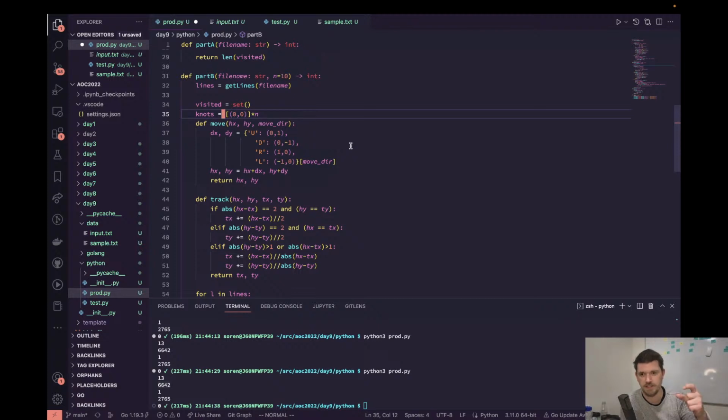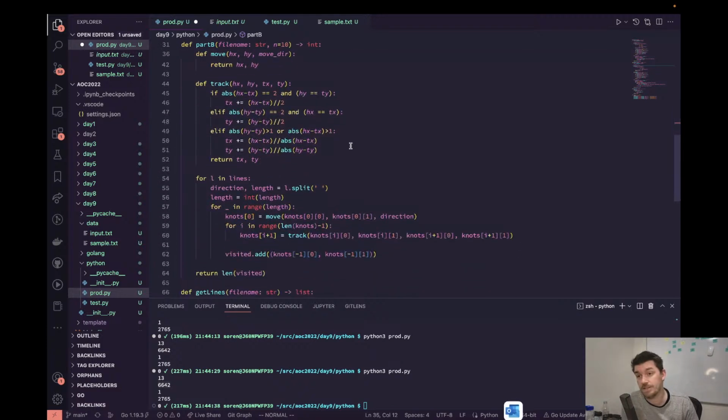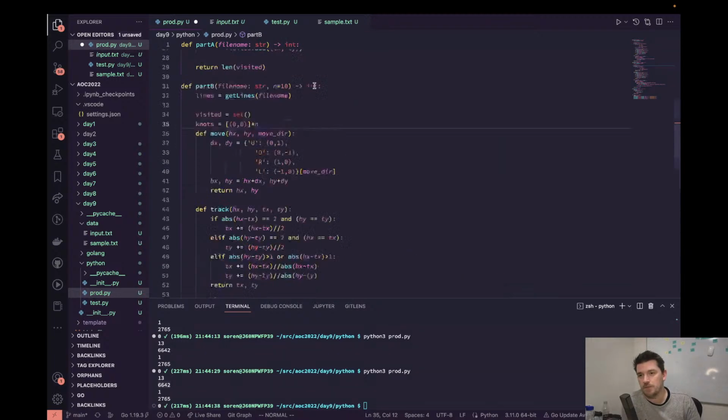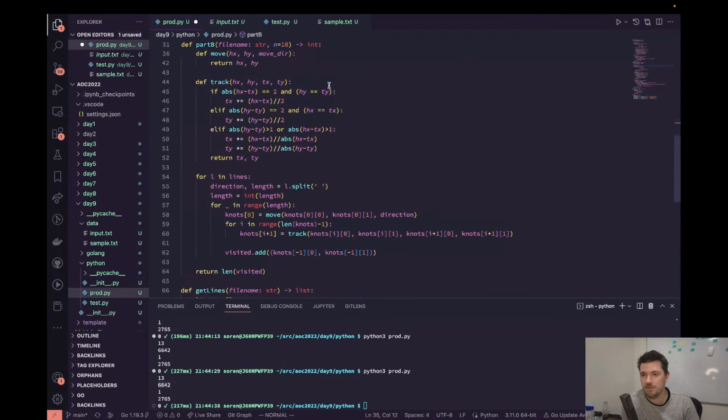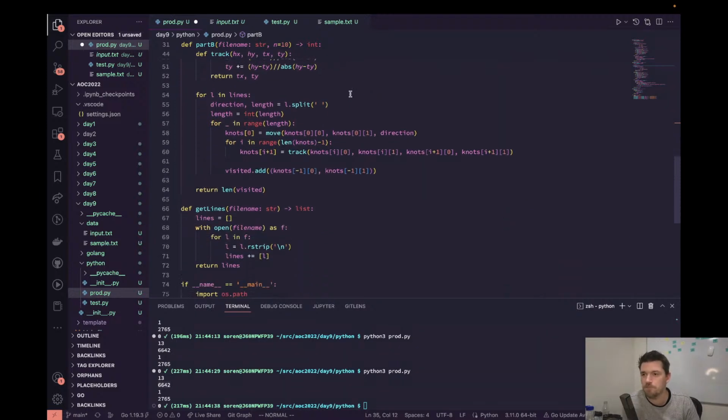It's just the thing that modifies the state, which makes it a lot easier to reason about. I changed the track to still have head and tail terminology, because we're only looking at one at a time anyway, and it was faster to copy it that way. But it's fine. It's the same algorithm. We want to track it.